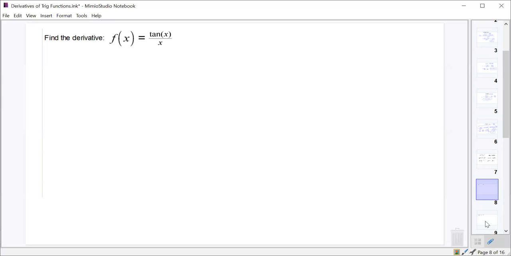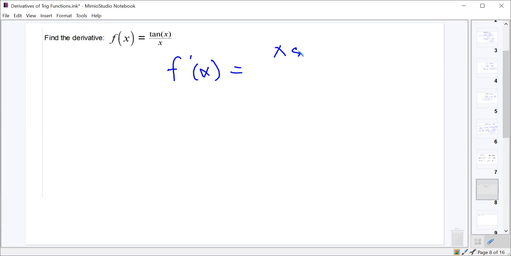That's great. All right, let's find the derivative of tangent x over x. How will we go about doing that? The quotient rule, yep. So we'll do v, the denominator, times the derivative of tangent. We just learned that. What's the derivative of tangent? Secant squared x.